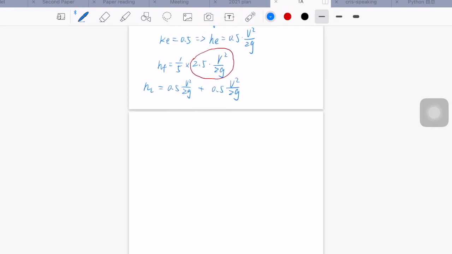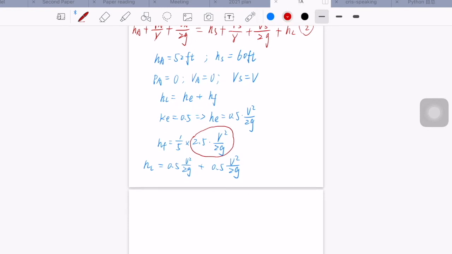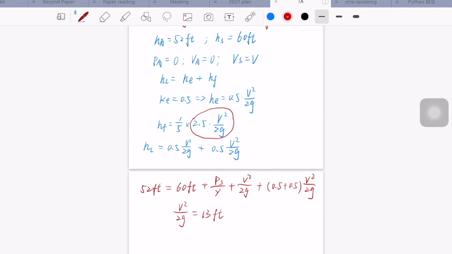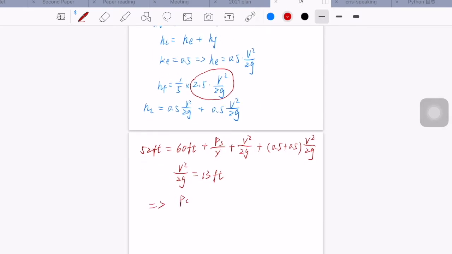And then equation 2 can be written as 52 feet equals 16 feet plus PS over gamma plus 1 plus 0.5 plus 0.5 times V squared divided by 2G, because we have calculated before that V squared divided by 2G equals 30 feet. So now you can get that PS divided by gamma equals minus 34 feet.